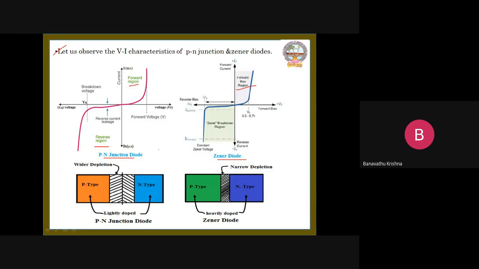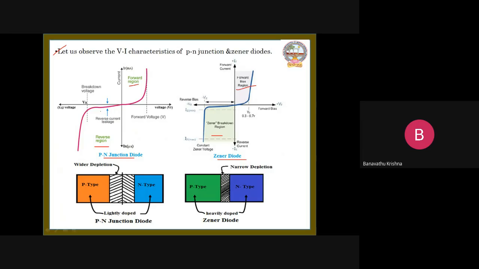This is the reverse bias region for the Zener diode, and this is the reverse bias region for the PN junction diode. By increasing the reverse voltage, a slight amount of current is available here. That is the reverse current, nothing but the leakage current.